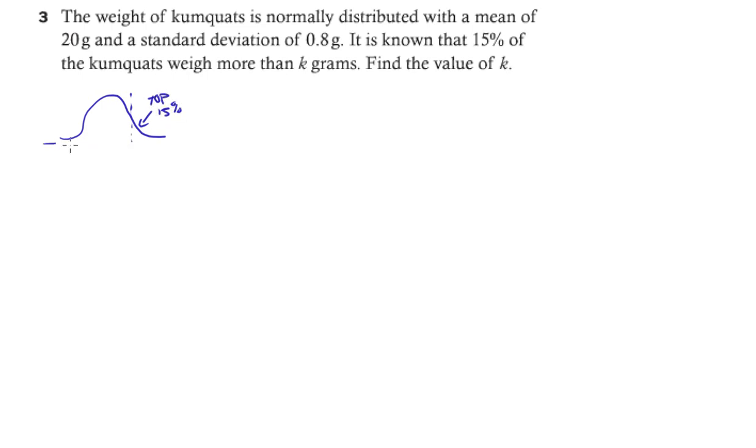Really, this over here is, say, 0%, and this over here at the end is 100%. We want to know what percent this is. Since it's the top 15, we would actually go 100% minus 15. That means we are actually looking for the 85th percent. So 85th percent and up.